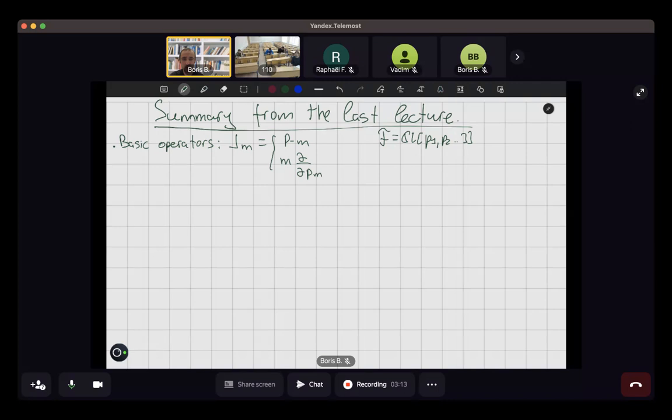It should be psi. Why did I write this? Yeah, it should be psi here. And you need to remove the sum as well. Yeah. Sorry. I just messed it all up. Yeah.